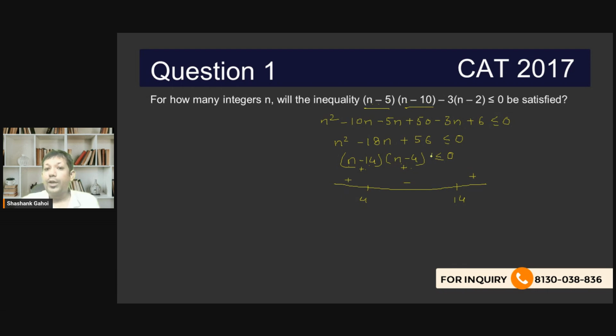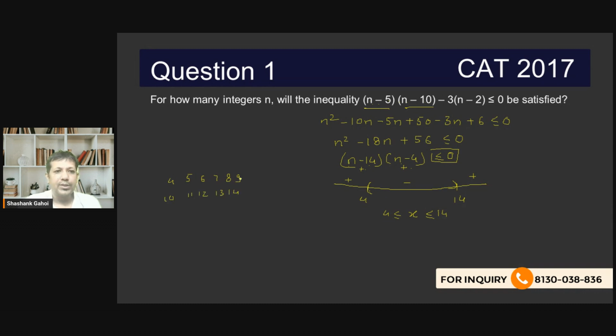Now what I'm looking for is less than. Less than 0 means negative. Where I'm seeing negative is between 4 and 14, right? So n should be lying between 4 and 14. So how many integers are we talking about? We are going to talk about 4, 5, 6, 7, 8, 9, 10, 11, 12, 13, and 14.